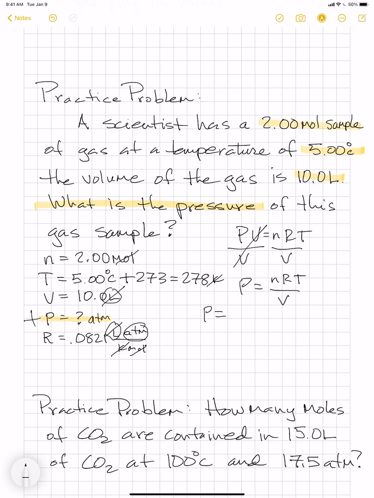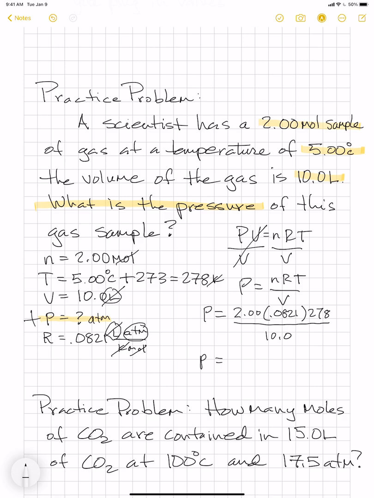All the values are going to be basically the same, right? So it's going to be 2.00 times 0.0821 times the temperature, which is 278 Kelvin, divided by the volume, which is 10.0. All right, good thing I checked that.